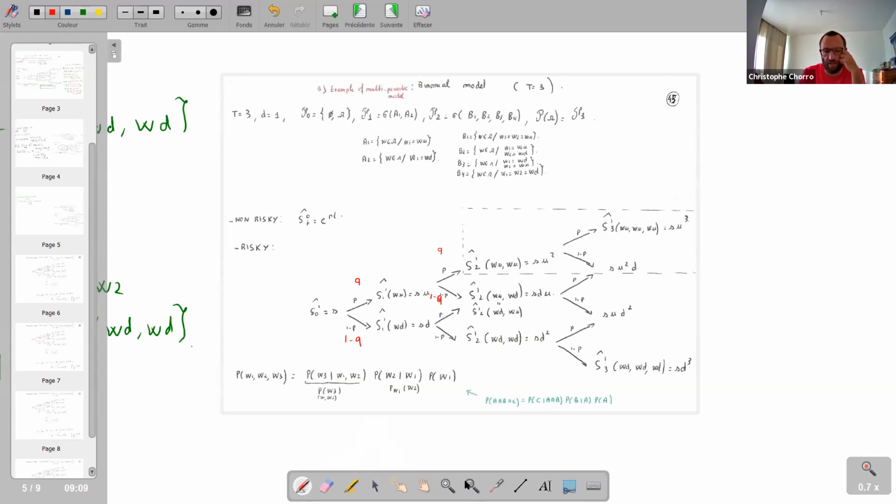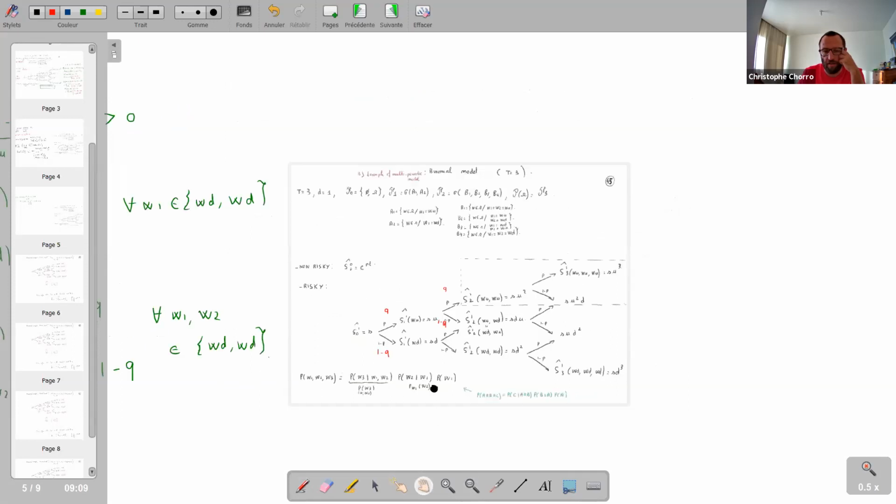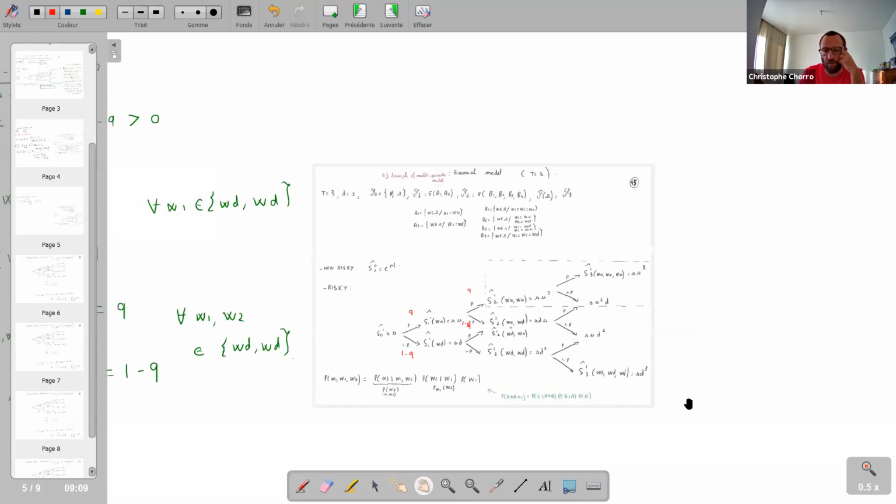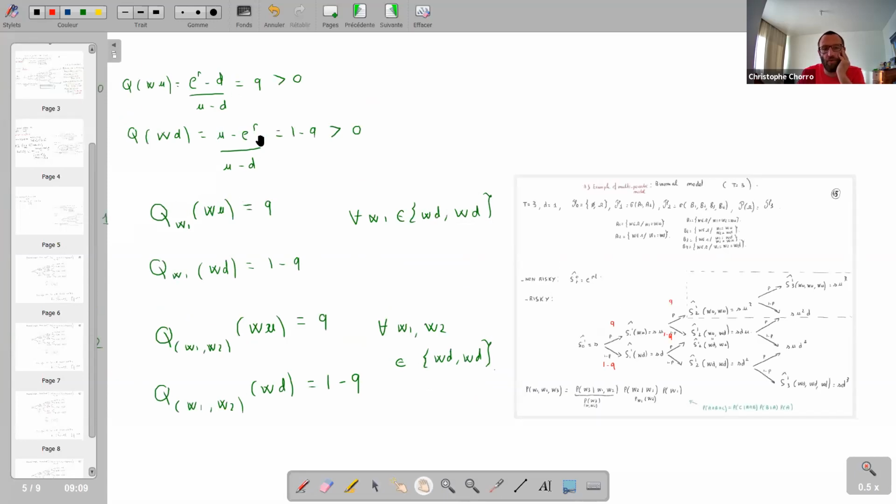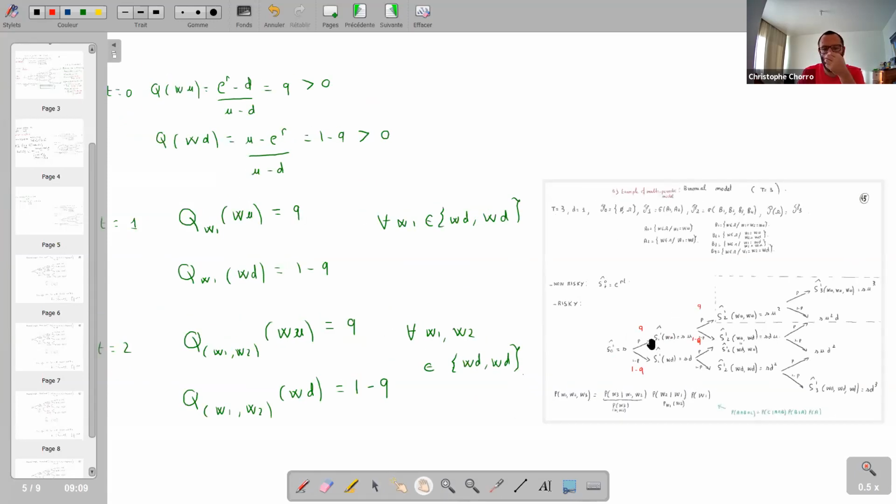So once again, a little remark. I obtain this, I repeat, because the U, the D, and the exponential R, that are the return of the non-risky asset, the return of the risky asset in the best and in the worst cases, are the same for each submodel of size 1.